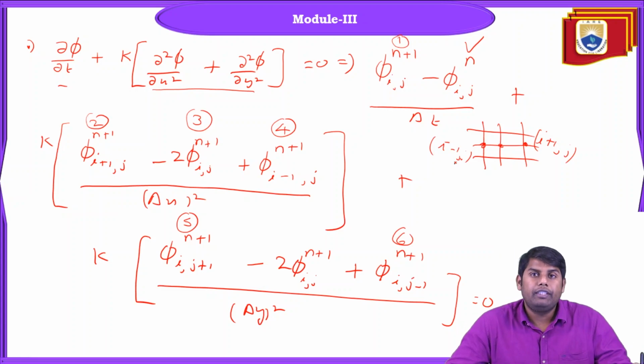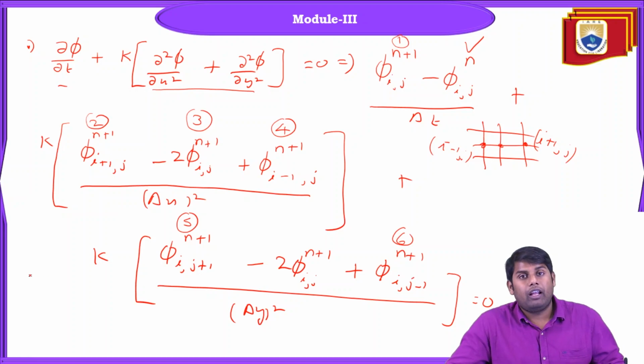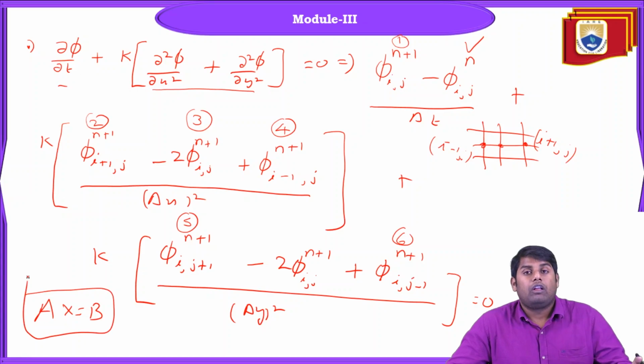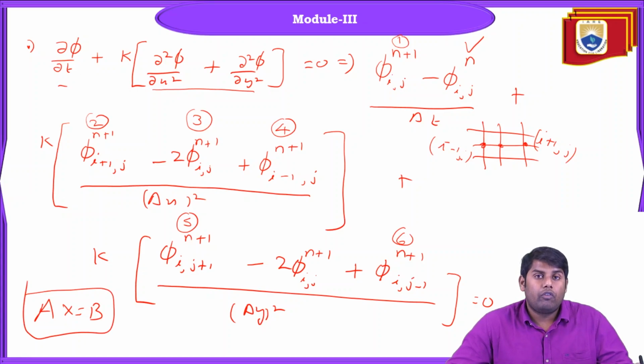We have to count how many grid points we have, and for those grid points we have to write all the equations. When we write all the equations, we collect all the terms together and form the matrix Ax equal to B. There all the coefficients are collected. That coefficient matrix we will invert and get the value of x. So this is the standard procedure.